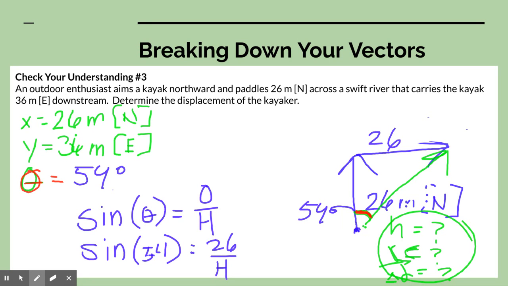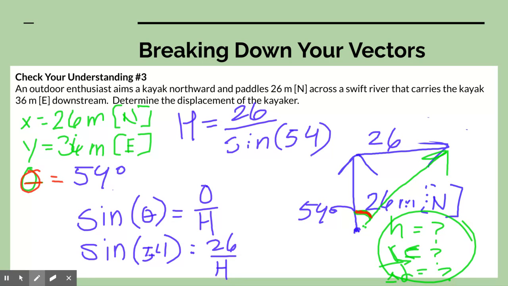So h is equal to 26 over sine of 54. That's 26 divided by sine 54, and that's going to give us a distance of 32, in this case meters.